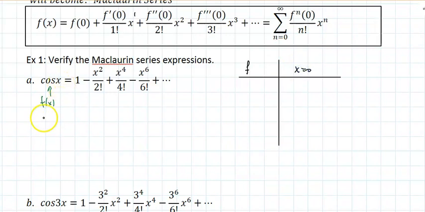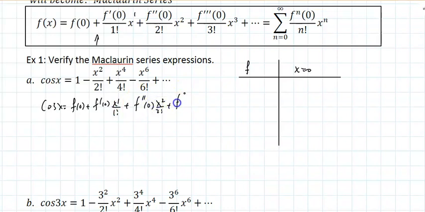What we're doing, we're taking cosine of x, and according to the formula up there, that's going to be f of 0 plus f prime of 0 x to the 1 over 1 factorial, f double prime of 0 x squared over 2 factorial, triple prime of 0 x cubed over 3 factorial, fourth derivative at 0 x to the 4th over 4 factorial.